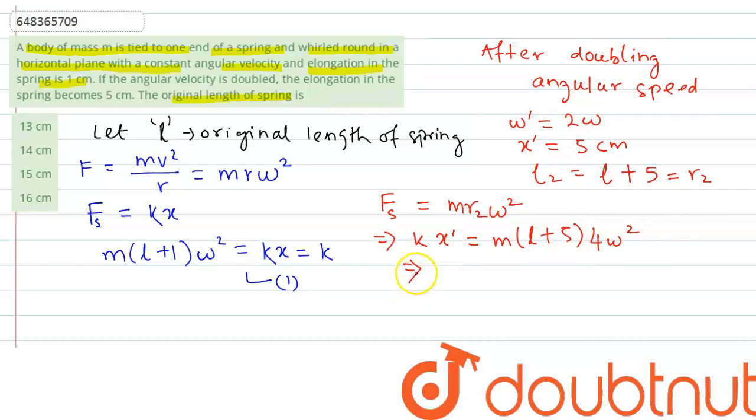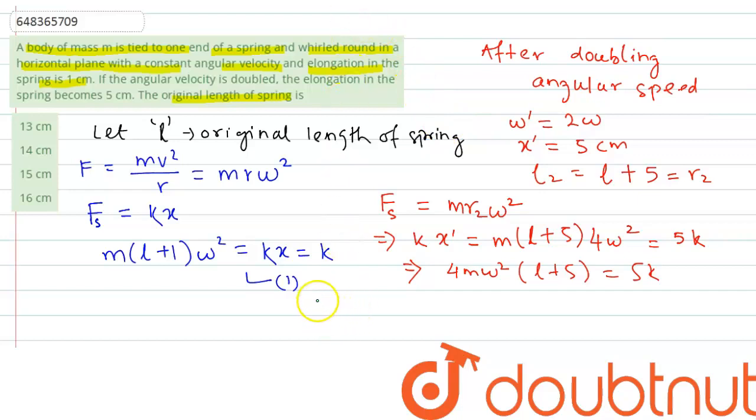So now this will be equal to 5 times k, because x is how much? 5 centimeter. So now if we solve this further, we can write 4m omega square into L plus 5. This will be 5 times k, that is spring constant.